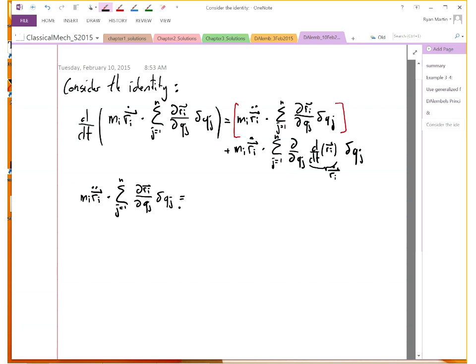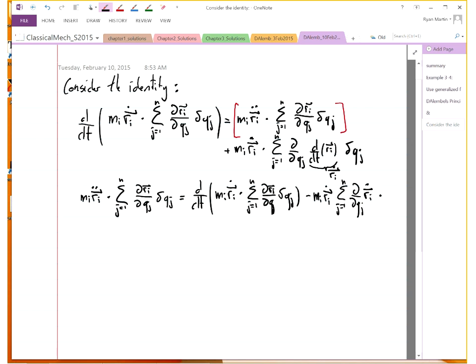That's equal to d/dt of the term that I have there, m_i r_i dot dotted with the sum from j equals 1 to n of ∂r_i vector by ∂q_j δq_j, and then minus the last term above, which is m_i r_i vector with a single dot, sum of j equals 1 to n of ∂/∂q_j r_i vector dot δq_j.